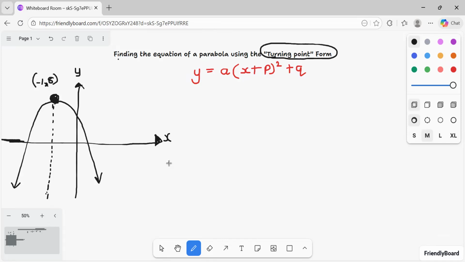And then at least one other point. So let me just add another point right here, which is 2, -10. So this is one point that is also given.